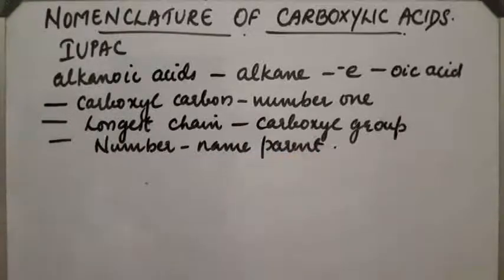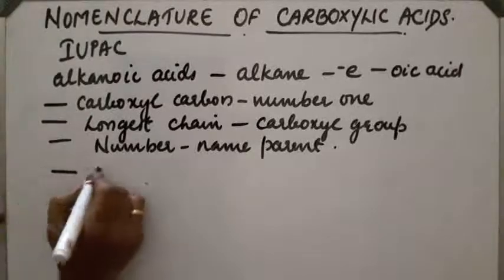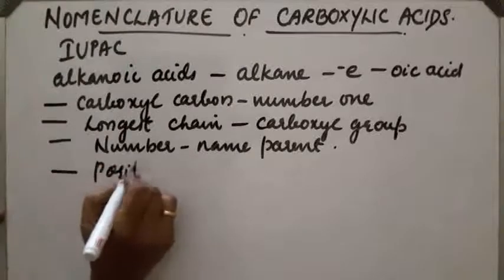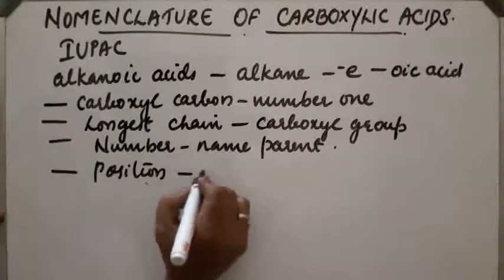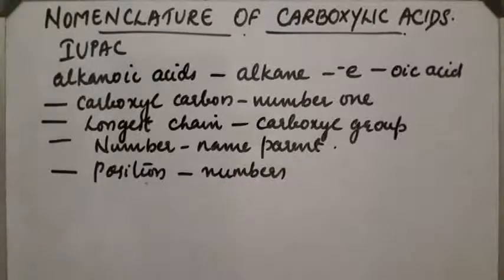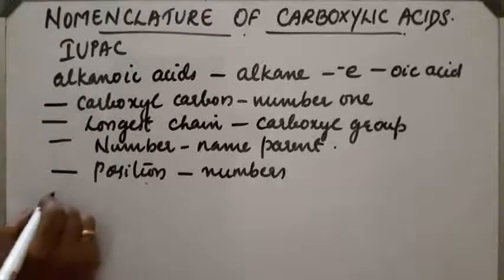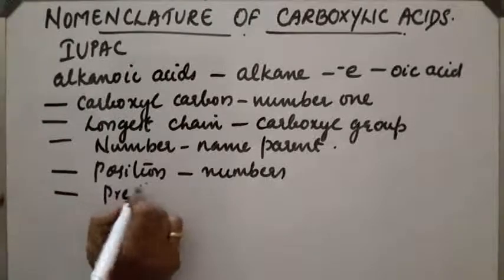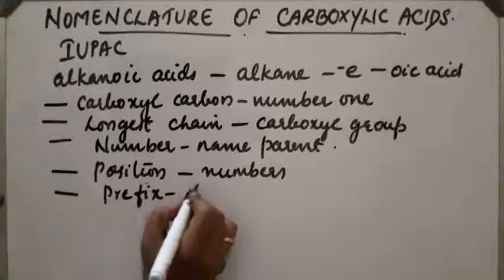Next, position of substituents is indicated by numbers: first position, second position, like that. If there is more than one carboxyl group, we give the prefixes di, tri, etc.